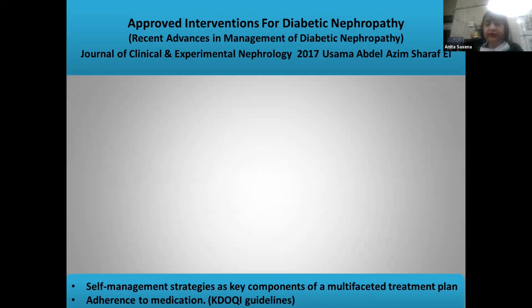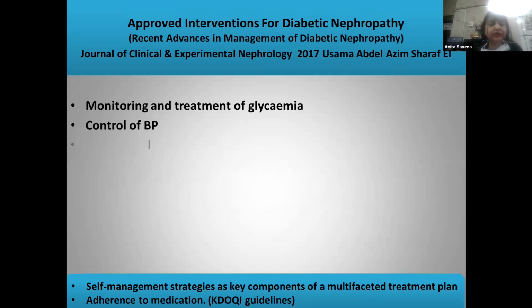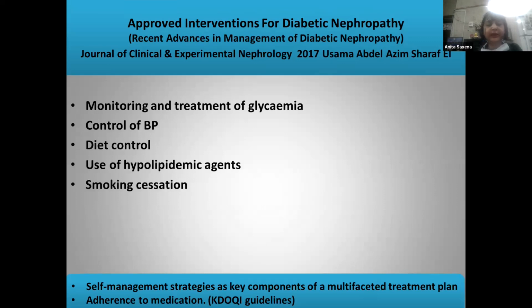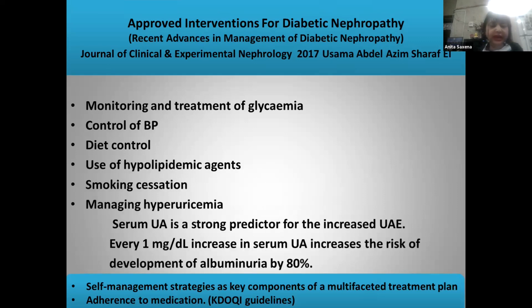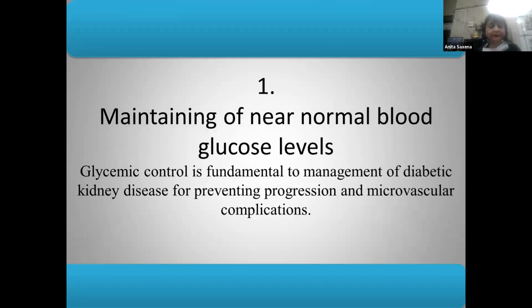So the approved interventions for diabetic nephropathy are monitoring and treatment of glycemia, control of blood pressure, diet control, use of hypolipidemic agents, smoking cessation, and managing hyperuricemia.